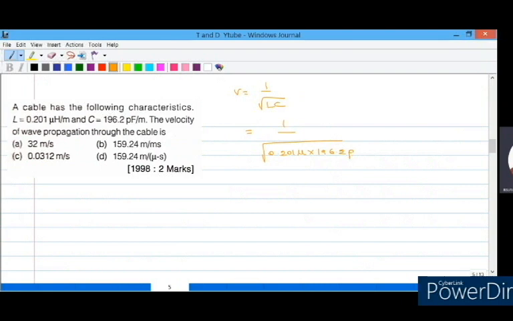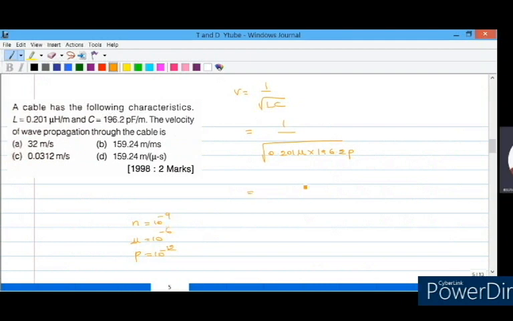So what is micro and pico? So micro means 10 power minus 6. Pico means 10 power minus 12. We have also N stands for nano. It is 10 power minus 9.